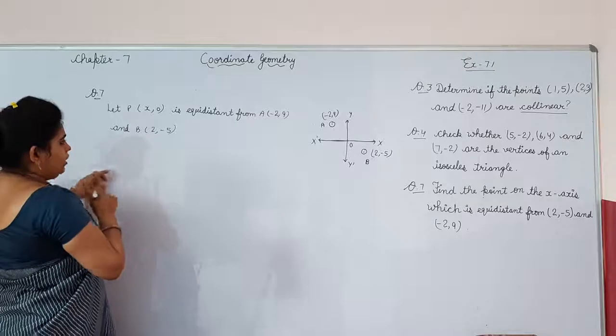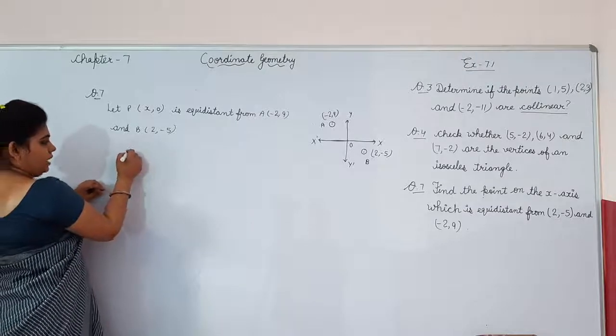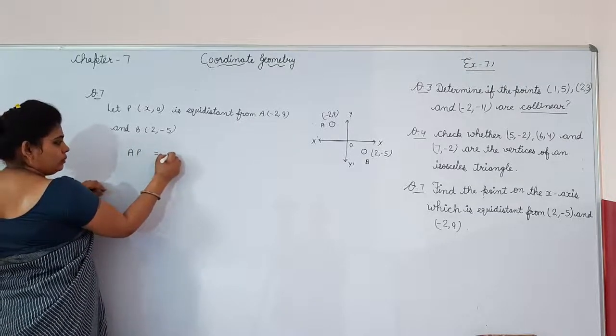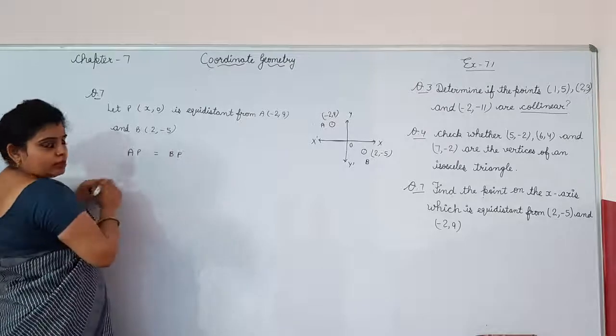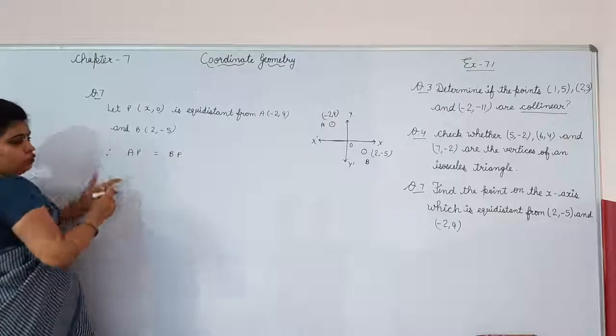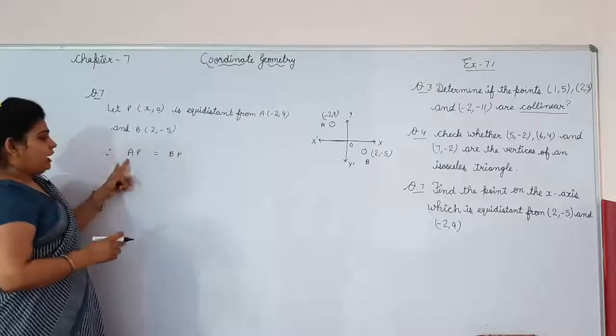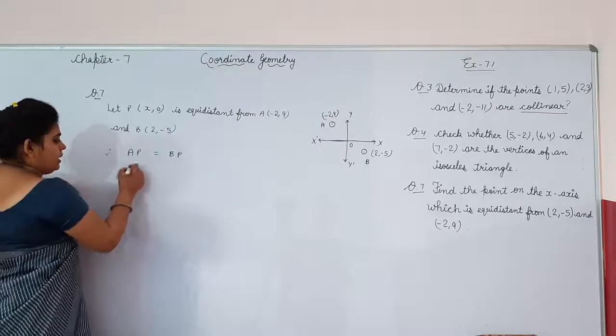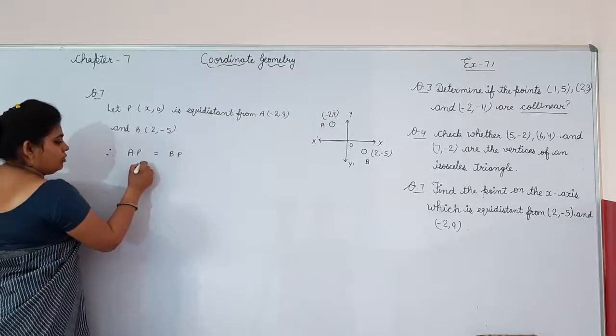As it is at equal distance, then AP will equal BP. If AP is equal to BP, then AP square will also equal BP square.